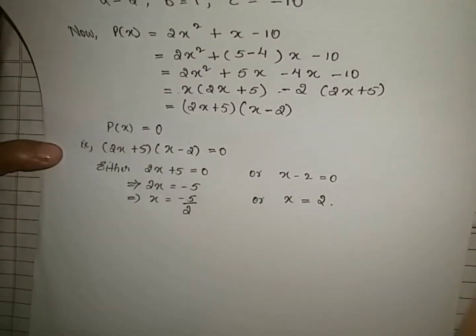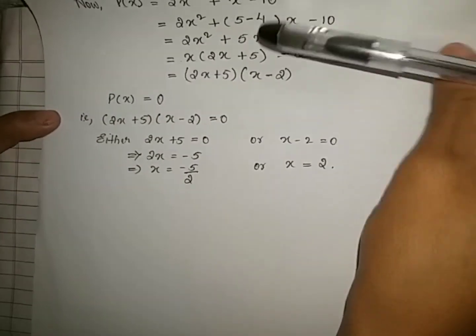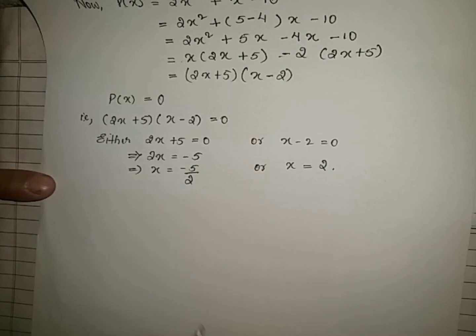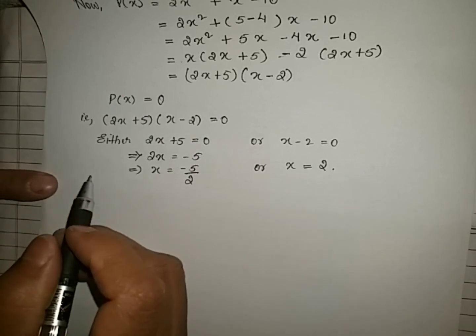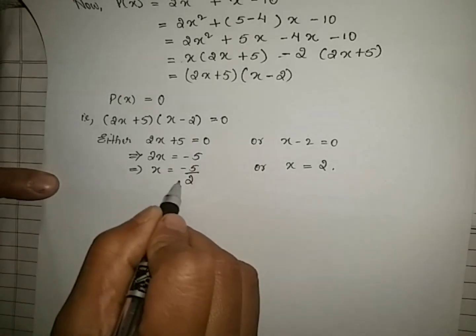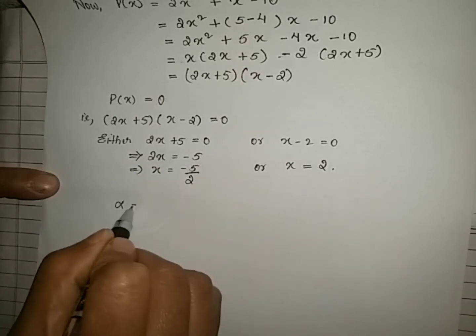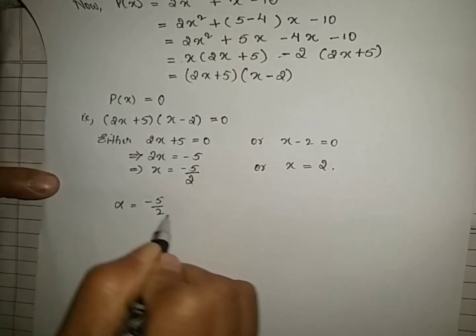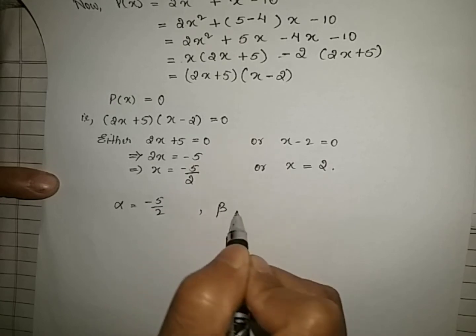Next, we will verify the relationship between the zeros and the coefficients. Let me name the first root as alpha and the second root as beta.